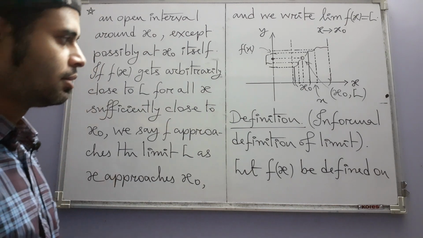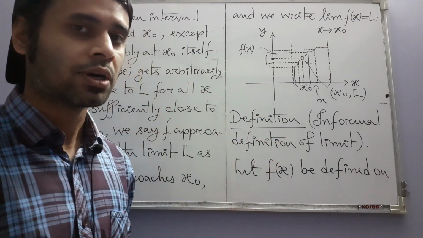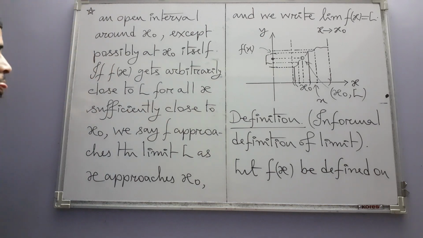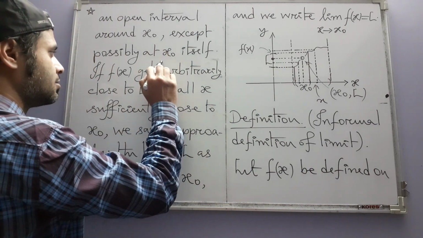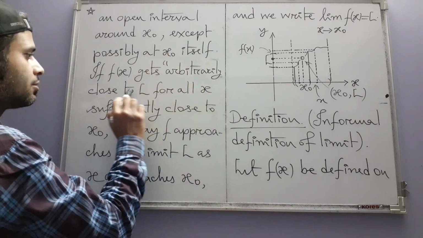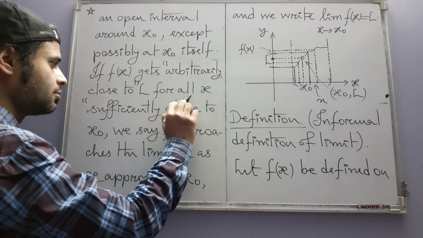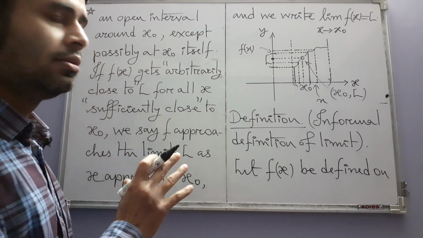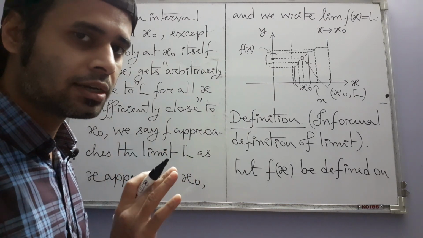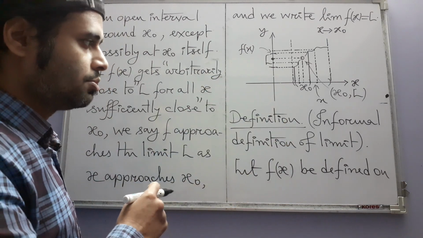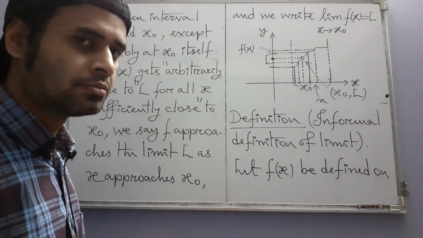Now why is this definition informal? That is because these phrases, arbitrarily close and sufficiently close, are vague phrases. They are not mathematical phrases. Arbitrarily close means how close?